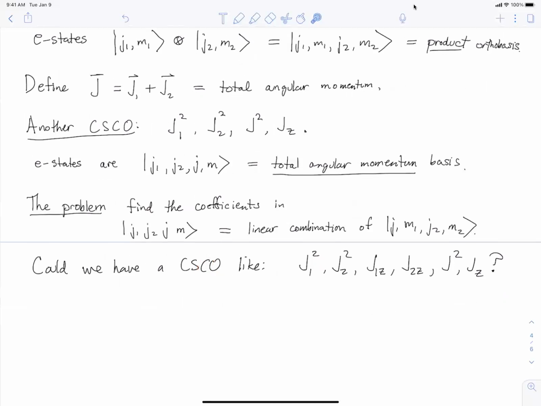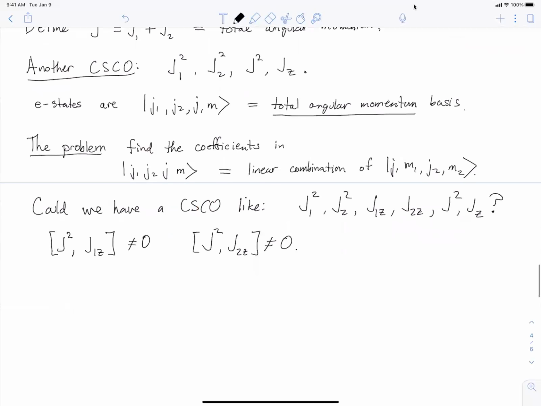The answer is you can't because they don't all commute. Specifically what goes wrong is that if you calculate the commutator of J squared with J1Z, that's not 0. And also J squared with J2Z is not a 0 commutator.